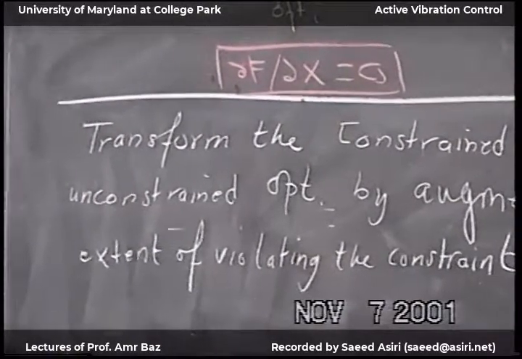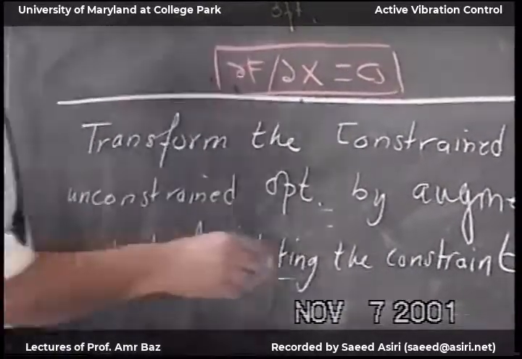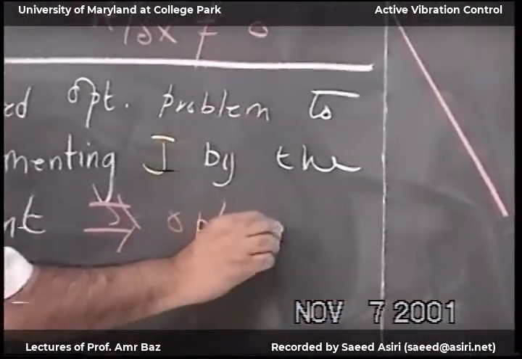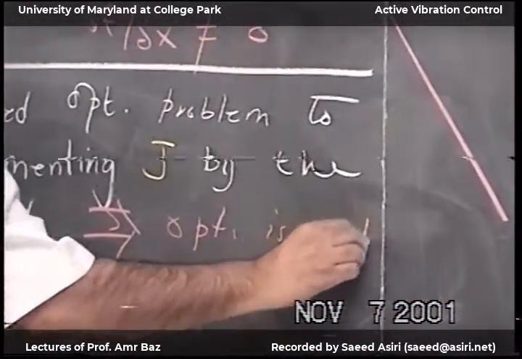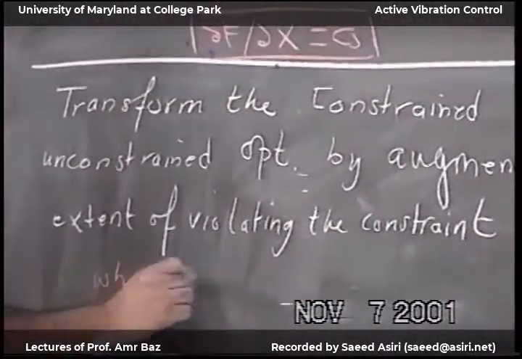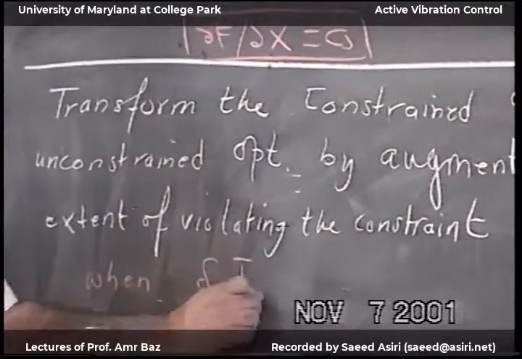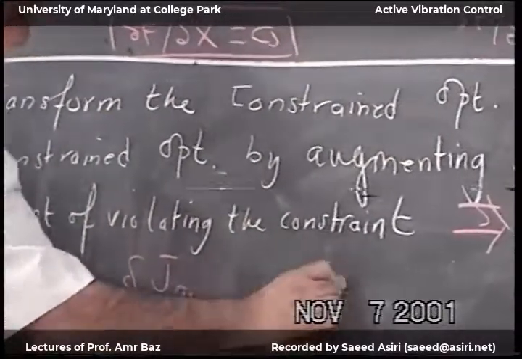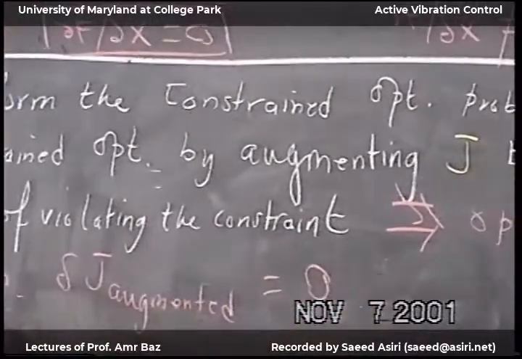By the extent of violating the constraint, then optimum is reached when del J augmented is equal to 0.